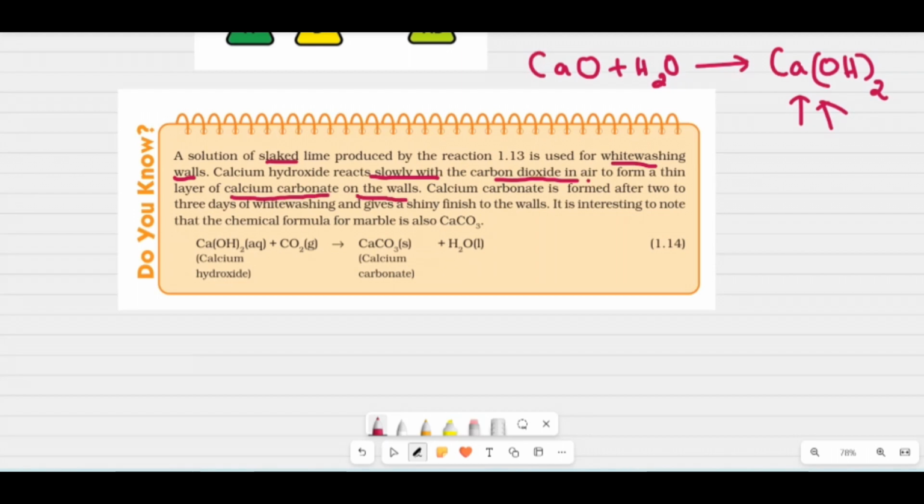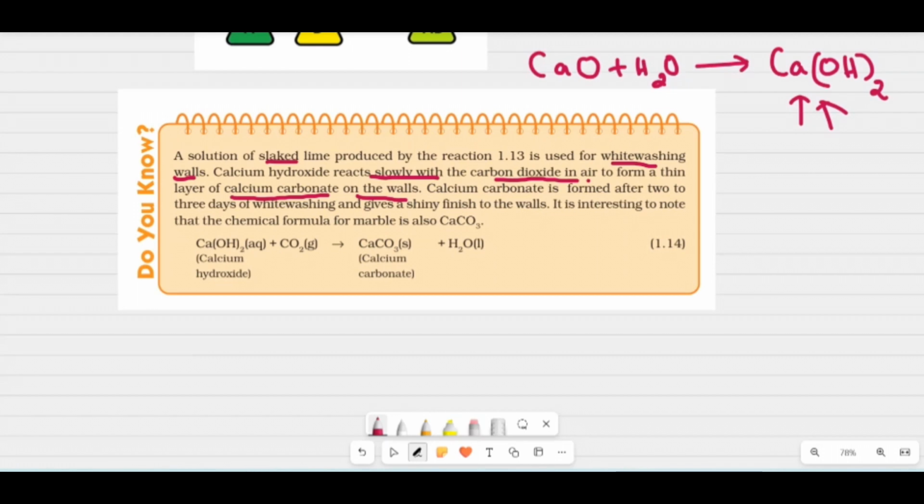This calcium carbonate is formed after 2 to 3 days of whitewashing, and it gives a shiny appearance to the walls. That's why when we do whitewashing, the white color comes after 2 or 3 days. How does this white color come? This white color comes when calcium hydroxide reacts with the carbon dioxide in the air.